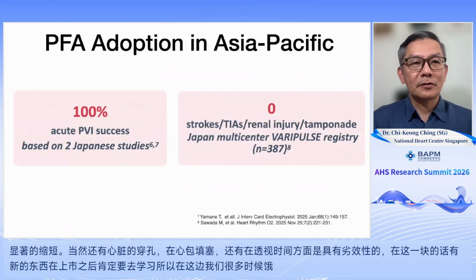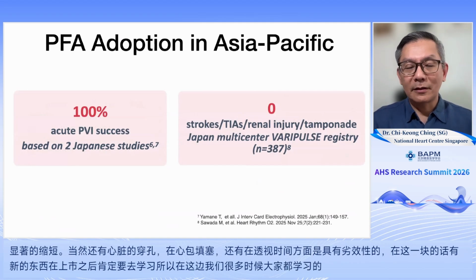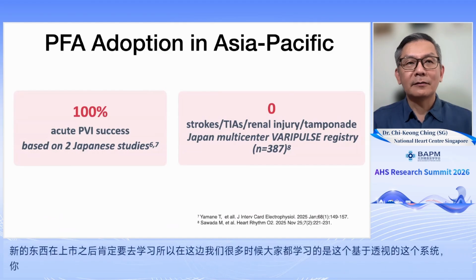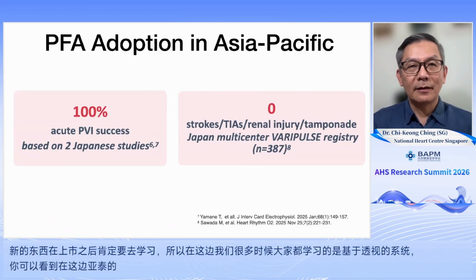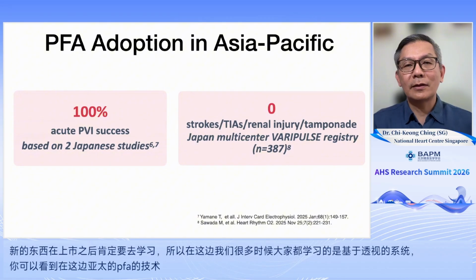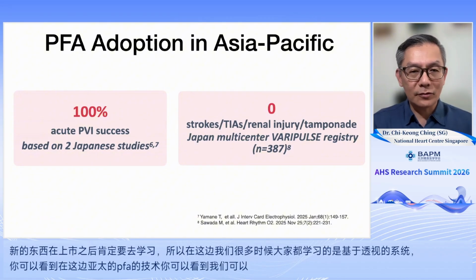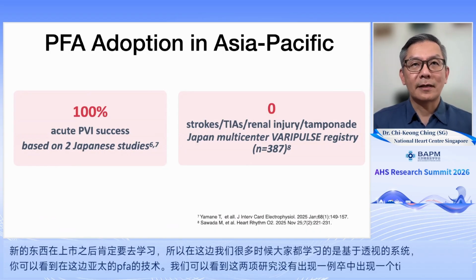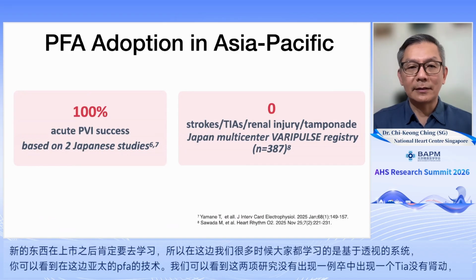In Asia Pacific, 100% acute PVI success was reported in two Japanese studies, and none of these complications were observed in a series of close to 387 patients. There were no strokes, no TIAs, no renal injuries, and no tamponade in the Japan multicenter VARIPULSE registry study.